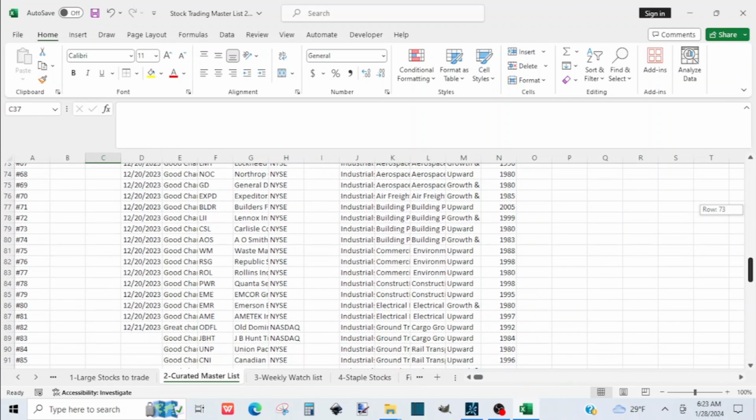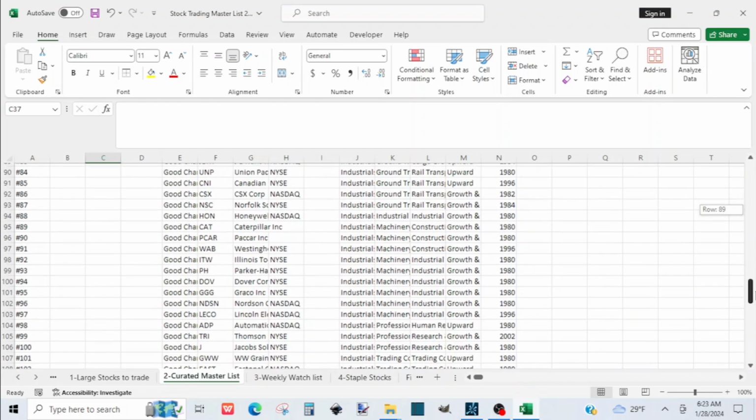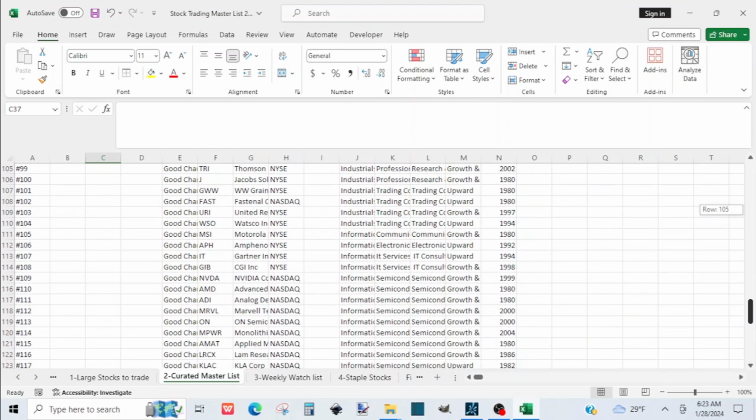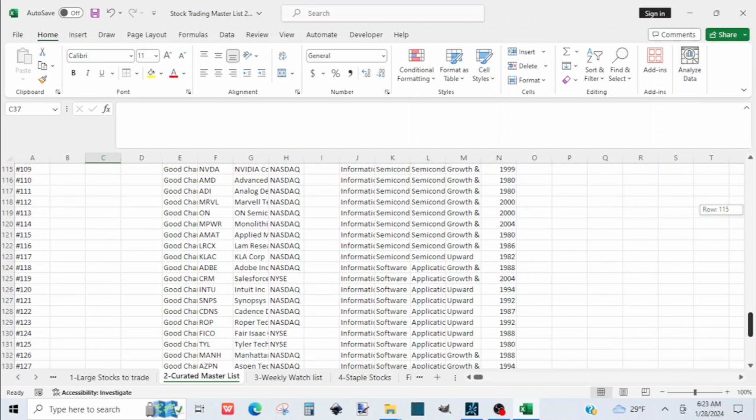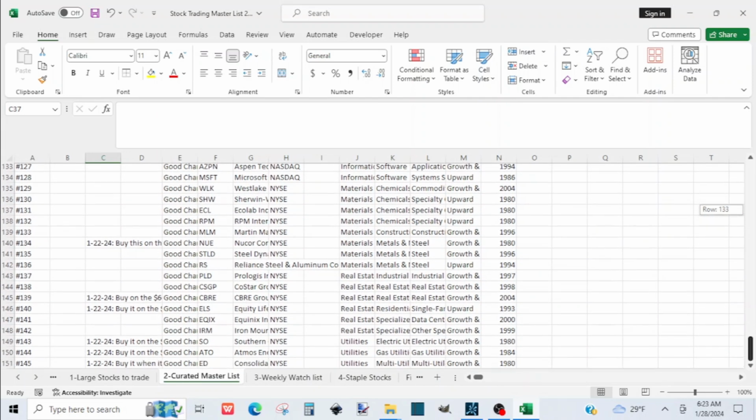And that is the master list that I will review during the weekend to select the stocks that I might trade during the week.